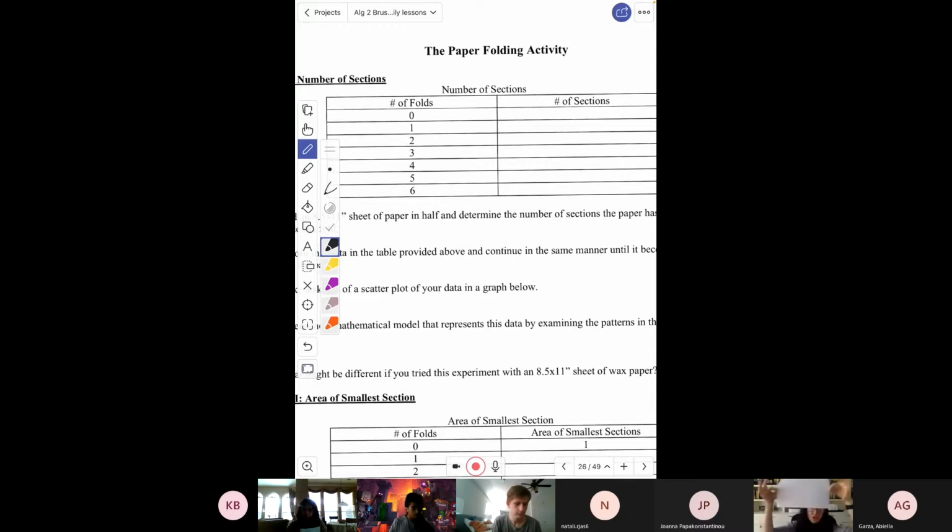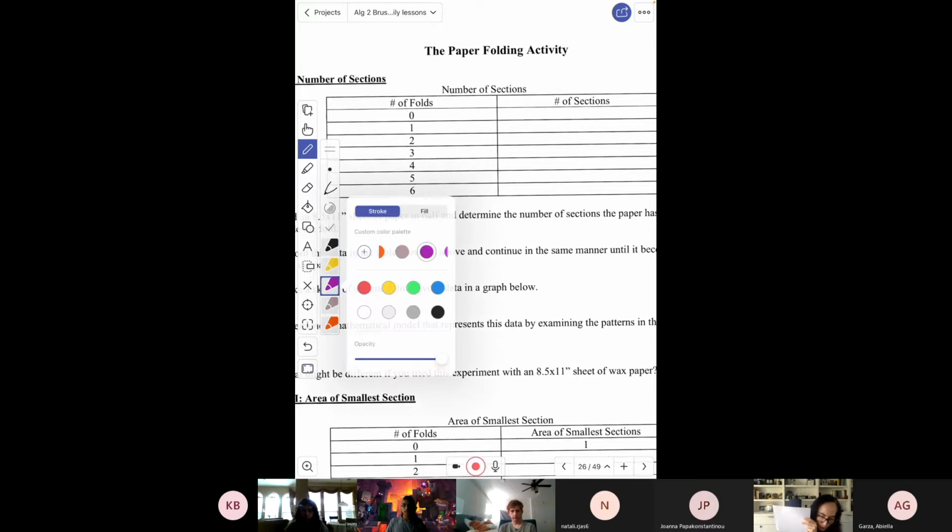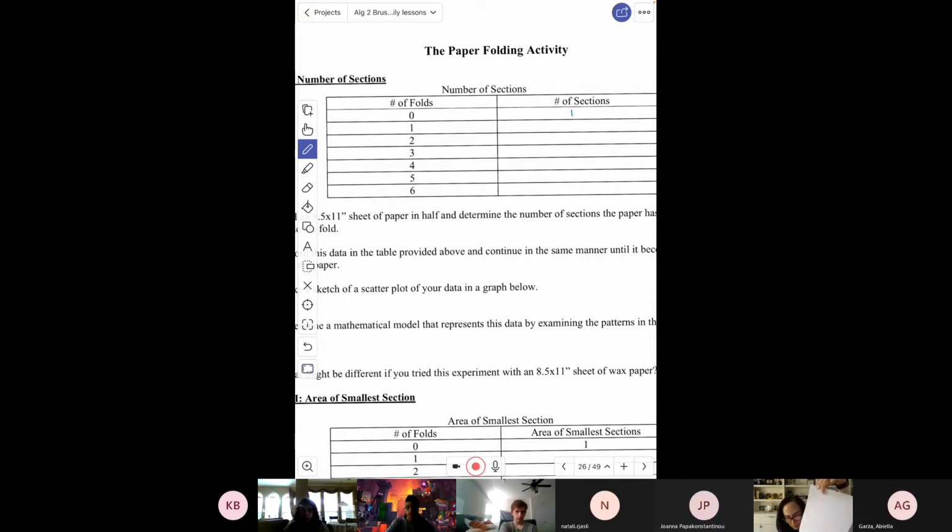So if you have no folds, how many sections do you have? You tell me. No folds. How many sections? 1, right? If you don't fold it, you have 1 section.